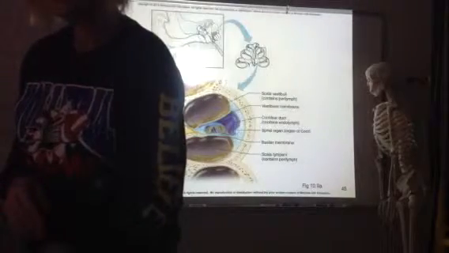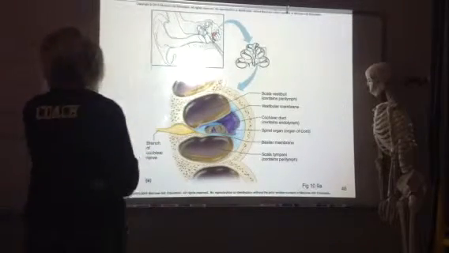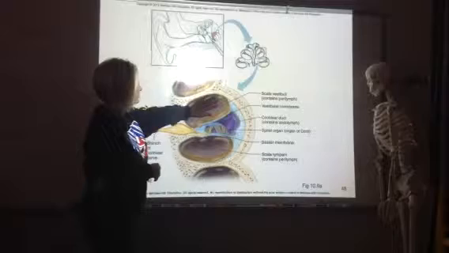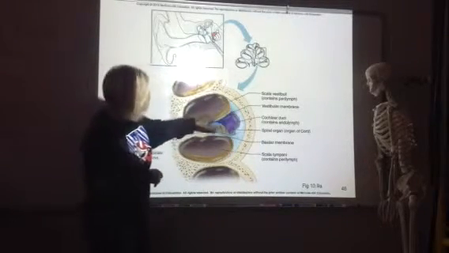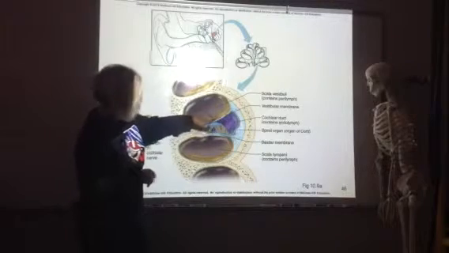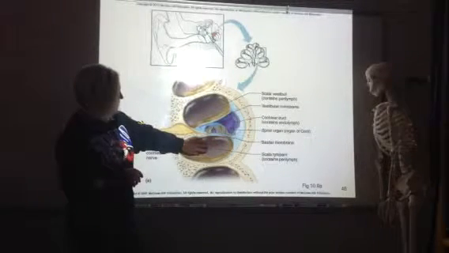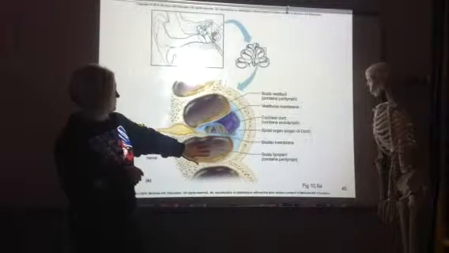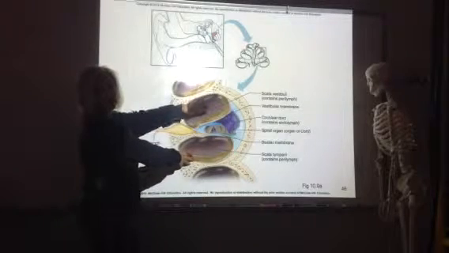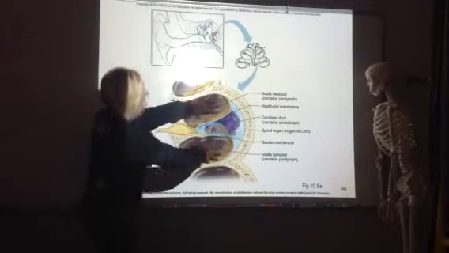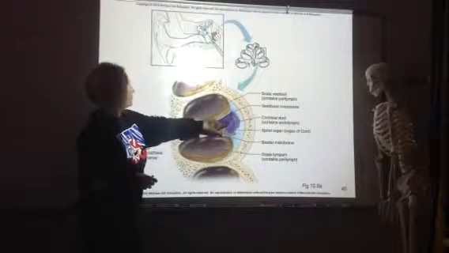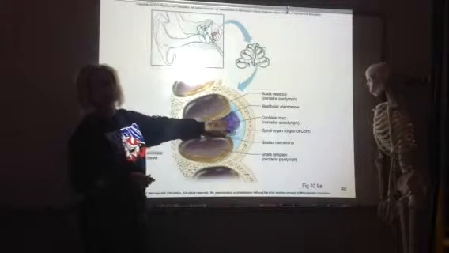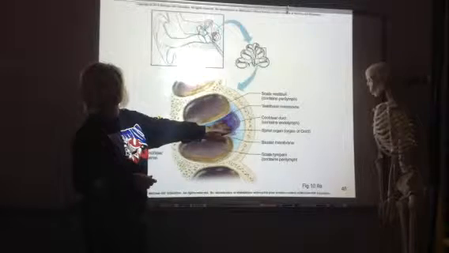And they are basically just two compartments. So here's the scala vestibuli. Here is the membrane that separates them. Here's my scala tympani. This is going to be the bottom. Both of these contain perilymph. These are the outside part. Here is the actual cochlear duct that contains the endolymph.